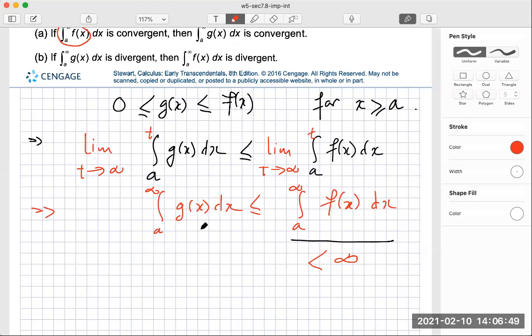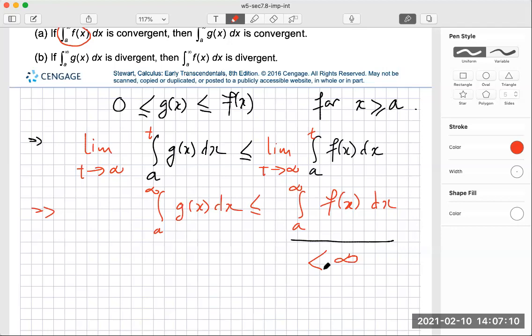Does it mean that the smaller guy is also smaller than that number? Right? For example, you go to a family, you see that family has 3 sons, right?